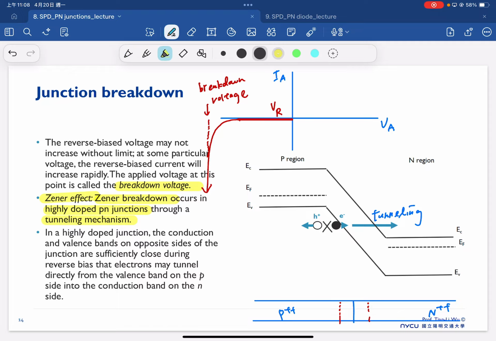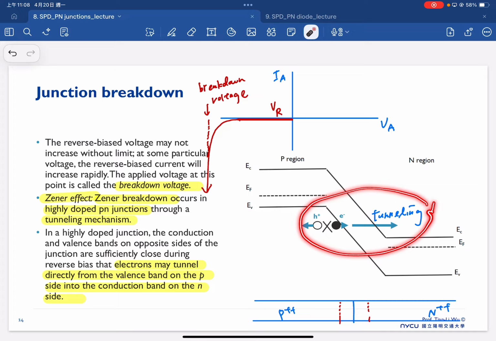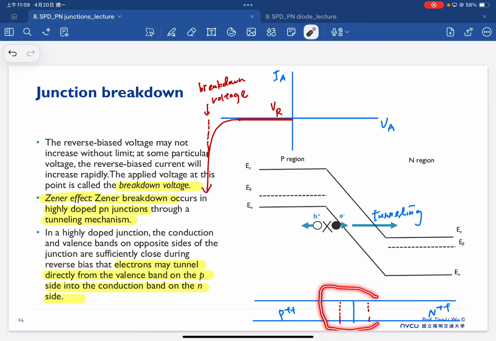So electrons can tunnel from the valence band to the conduction band, as shown here. In this case we start to see the Zener effect, which gives a huge leakage current. That's also considered one of the junction breakdowns: high doping causes a very narrow depletion width, and then we start to see this tunneling mechanism. This is a very particular case where we have a highly doped P and N junction.